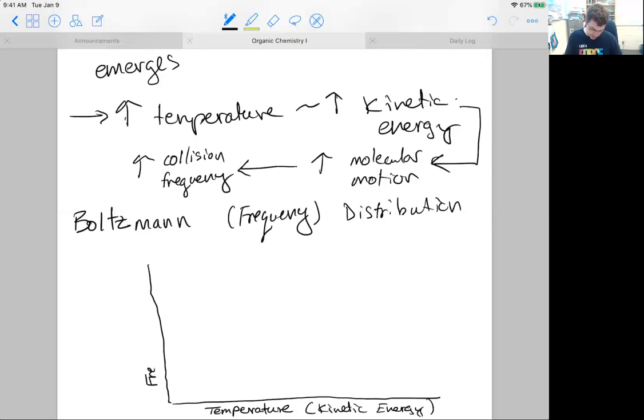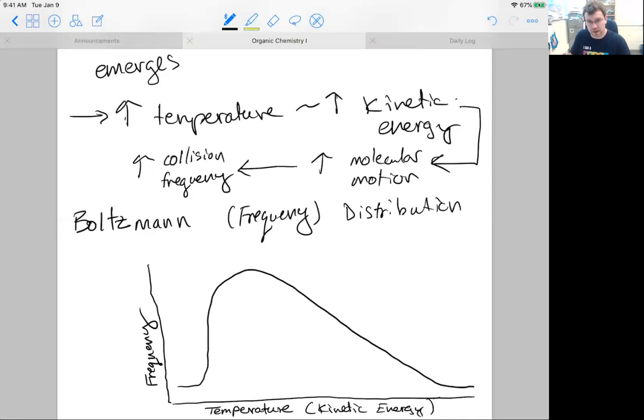And then along the y-axis is going to be, if you haven't seen this before, it's a little bit strange, it's called frequency. So this is kind of a graph where, yes, it has a curve, and the curve looks like this. But what that curve really represents is a collection of data points, where if you look at how many of these things have a temperature right here on the x-axis, there might be 1, 2, 3, 4.